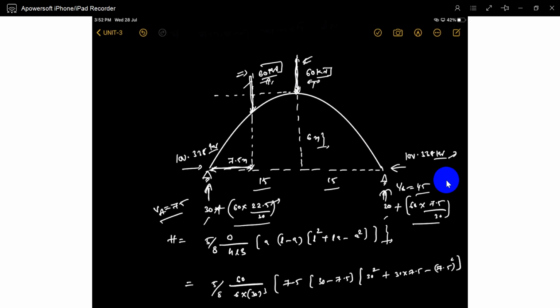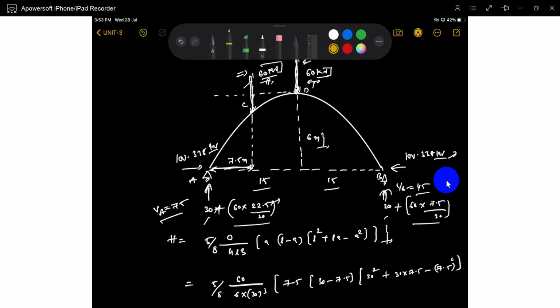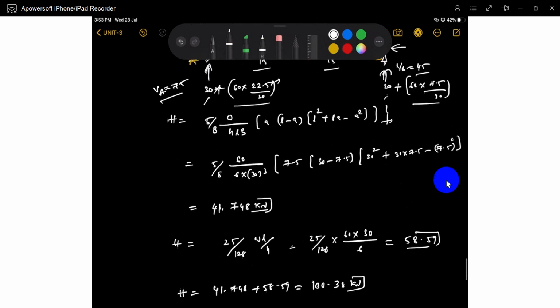See, I will write like this. This is A, this is B, this is C, this is D. Okay, that's it.